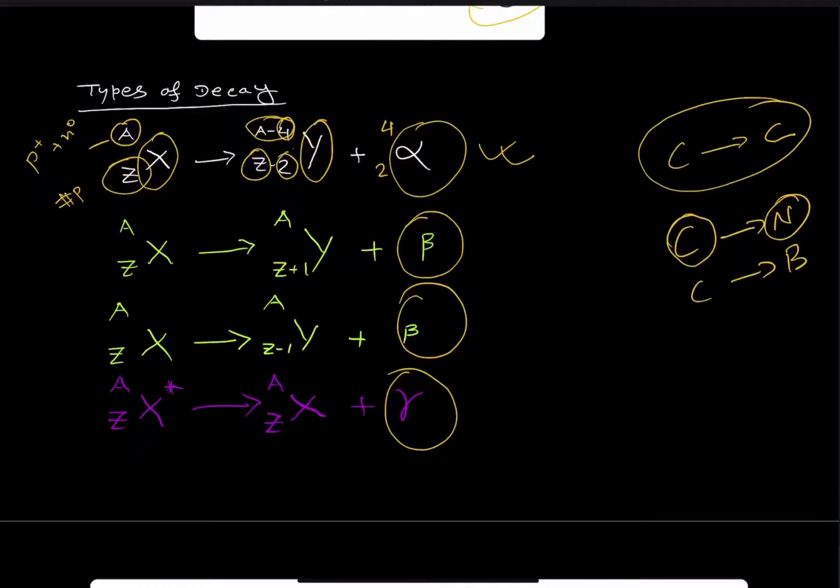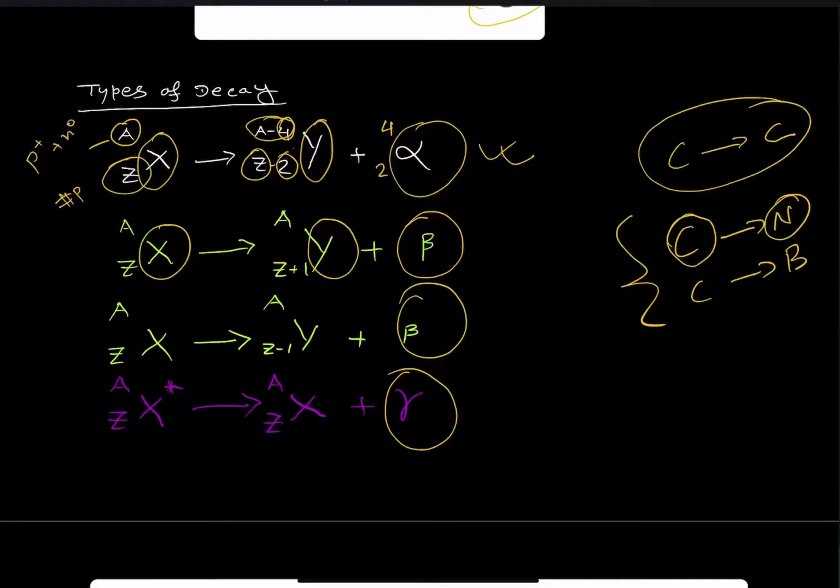In the case of beta decay, there are two types we'll talk about: beta plus decay and beta minus decay. But how are you going to know which one? Before I explain beta plus and beta minus decay, let's see what happens to the identity of the element. Here you have X and you're going to Y. That means the identity of the element changed, like in this case.